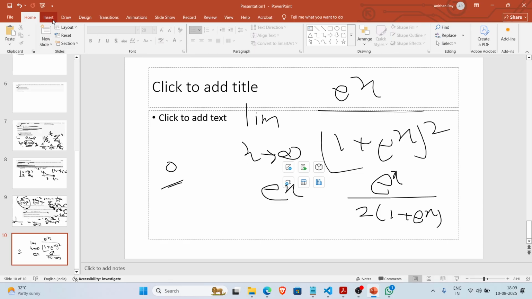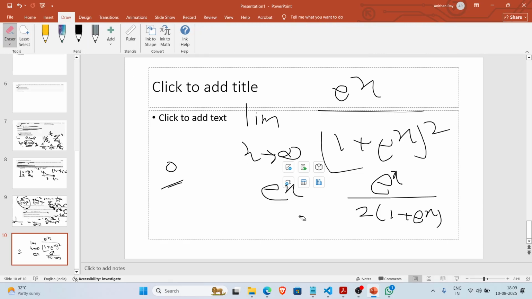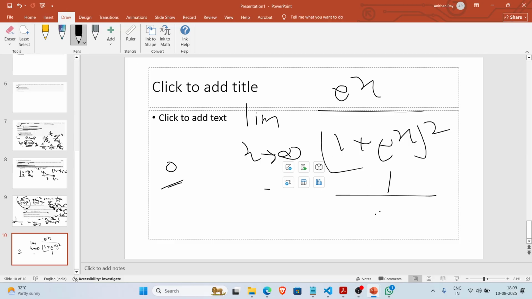You can do it a better way: divide by e to the power x, giving e to the power minus x plus e to the power x plus 2.